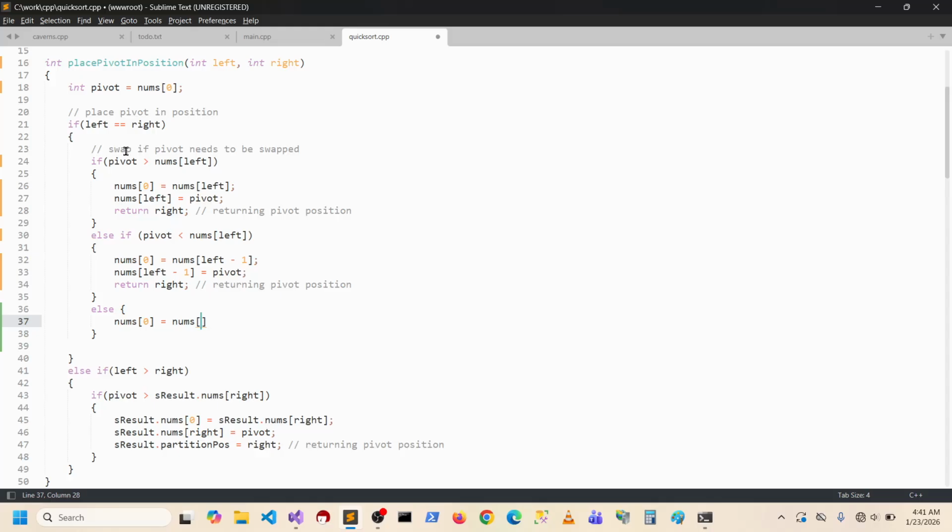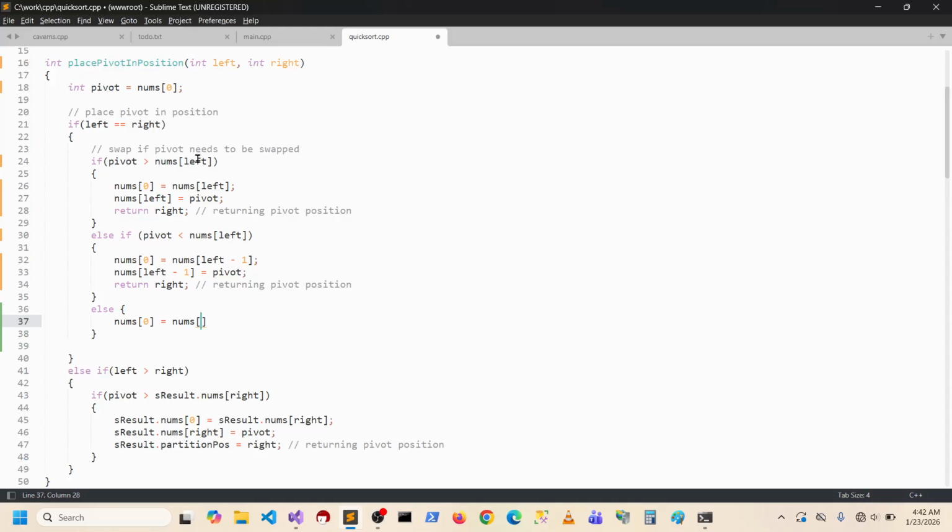So they're equal here. If it's greater than, so here left and right are equal. So it just swaps out what they're on, which would be 48.